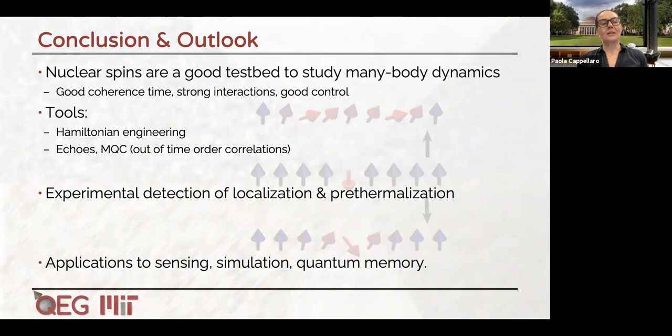I do not know. Because we are looking at these collective OTOCs, I think that extracting directly the Lyapunov exponent for the collective OTOCs, I'm not sure there is really a relationship exactly.